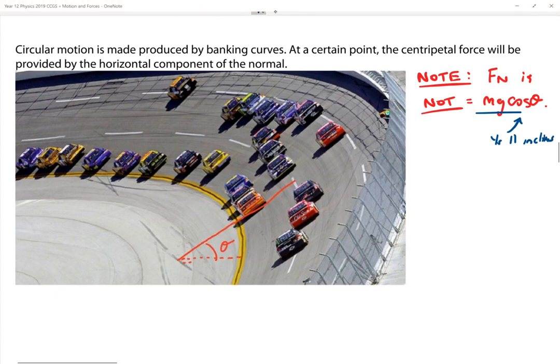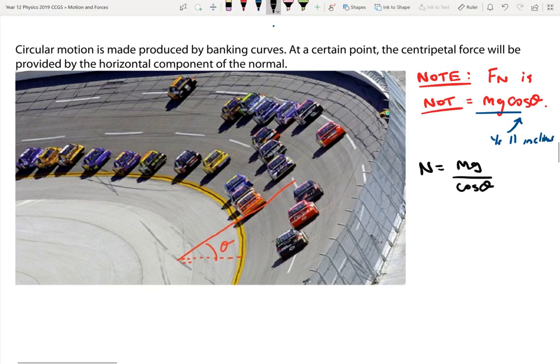In this context, it's actually the opposite. It's N equals mg over cos theta. So all of these cars, let's not draw on that picture because I'm going to draw on it a little bit closer, are actually experiencing a greater reaction force, and they're all going to be feeling a little bit heavier as they go around the track.